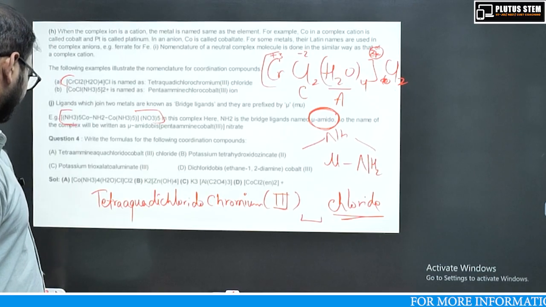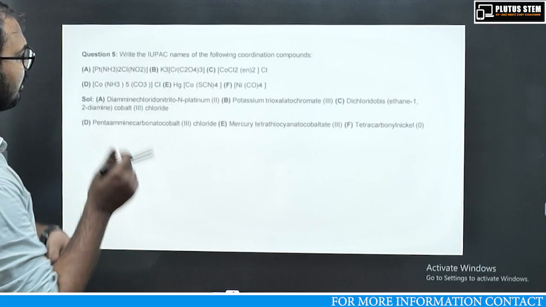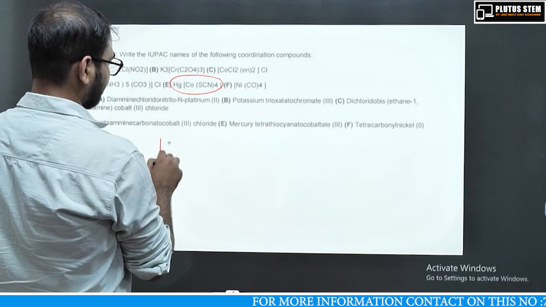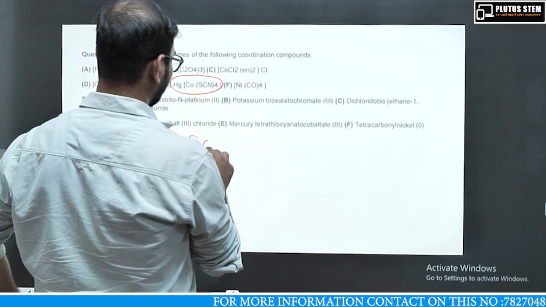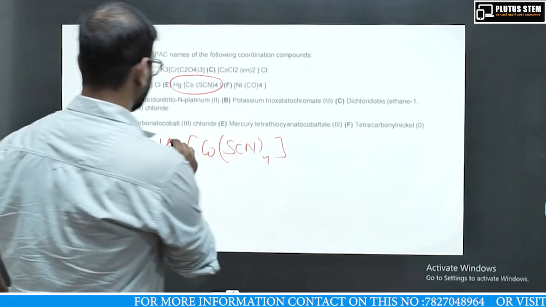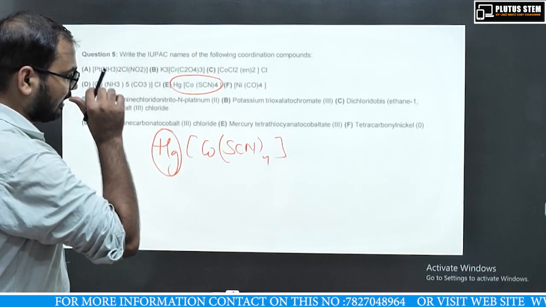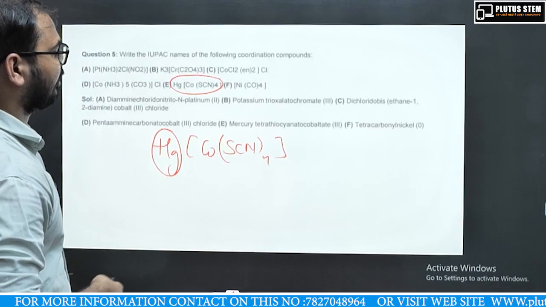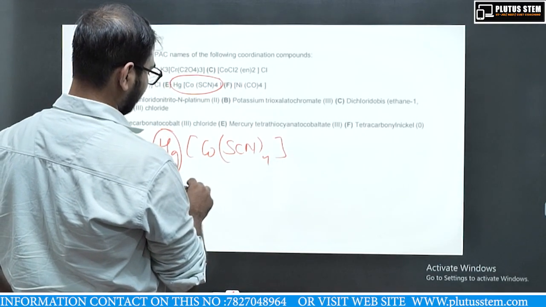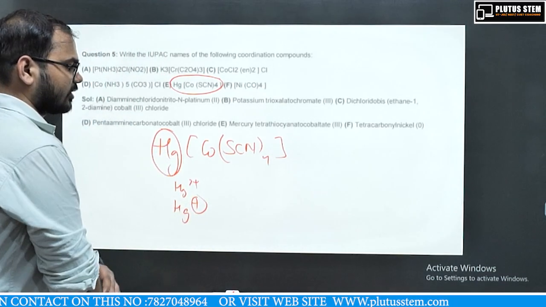Another example, let's say we have Hg[Co(SCN)4]. Now, mercury is the counter ion, positively charged, and [Co(SCN)4] is negatively charged. Now, mercury in the normal scenario exhibits plus 2 oxidation state, and Hg can also exhibit plus 3 oxidation state.